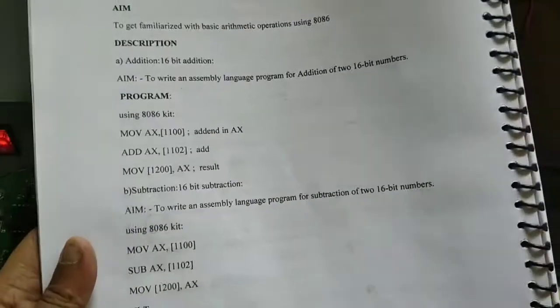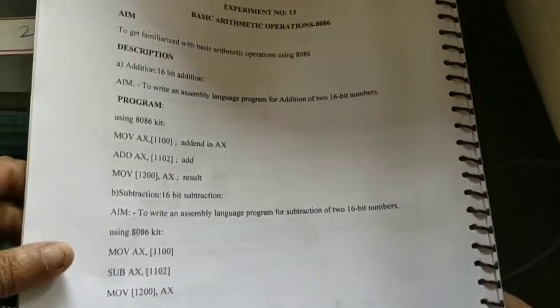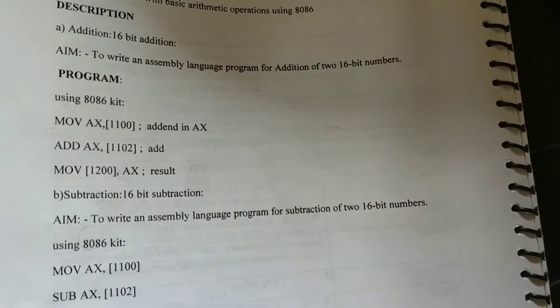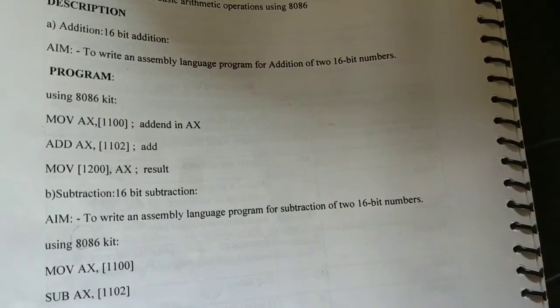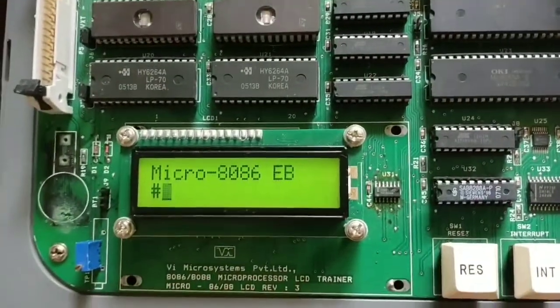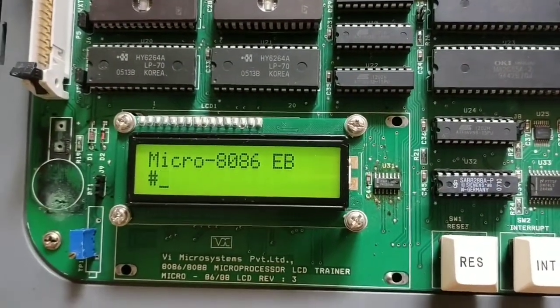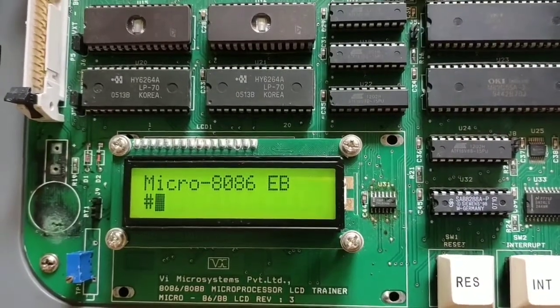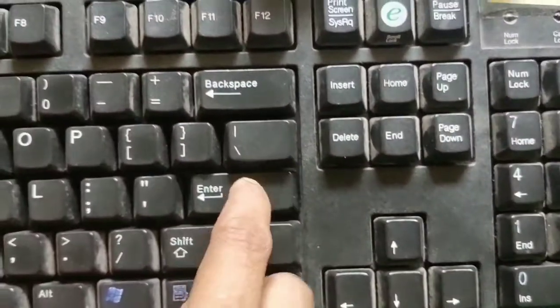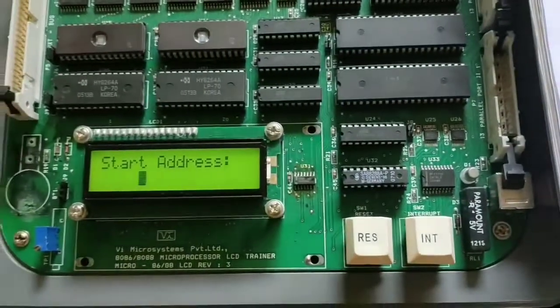Let us see how I am going to do it. First is MOV AX, 1100. Before starting, I will switch it off and then switch it on. This will be the display whenever you switch on. After that you have to press A, which will show A, then press enter.